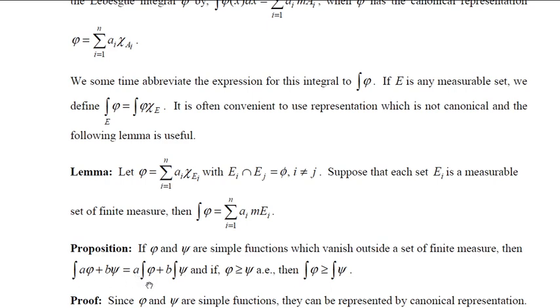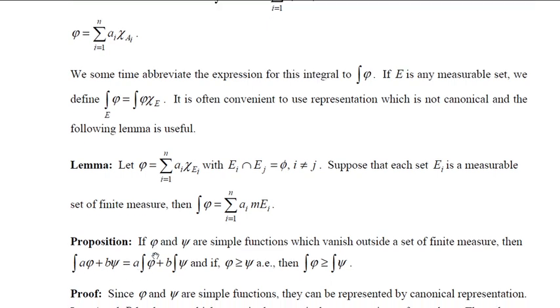Let us prove the first one first. What are they given? Phi and psi are simple functions which vanish outside a set of finite measure. We know the definition of simple functions, so we can write these in the canonical representation form.